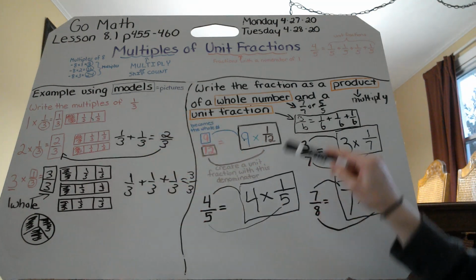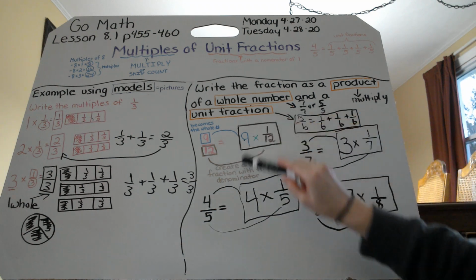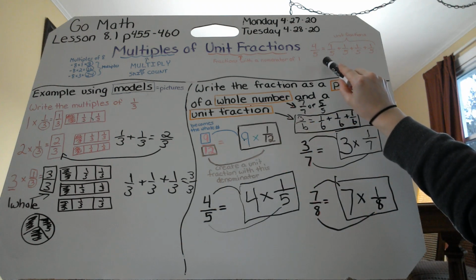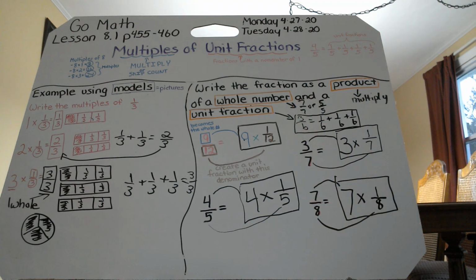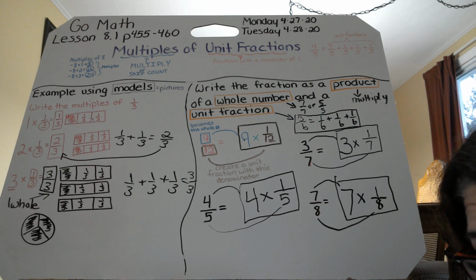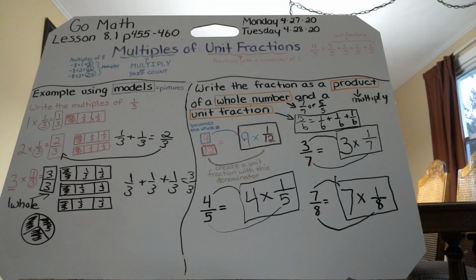And then 457 is all of these types of questions where you're breaking a fraction into a unit fraction. And then 458 is a problem where you have to think about what the two characters in the problem are doing and how they are doing their work. So that is your assignment for today.